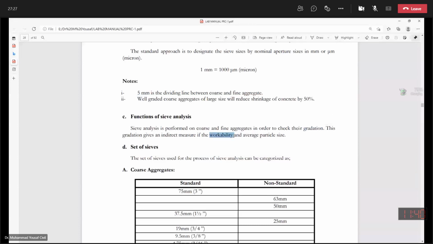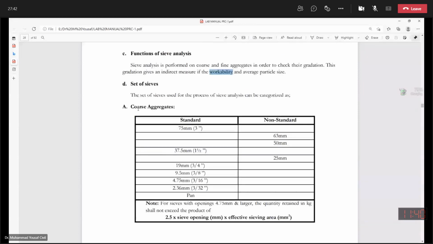Workability. I told you if the material is well graded, it will give you more strength. Similarly, if it is coarse, then its workability will be more. Now for the coarse aggregate gradation, this is the standard set of sieves as per ASTM, and these are the non-standard set of sieves.